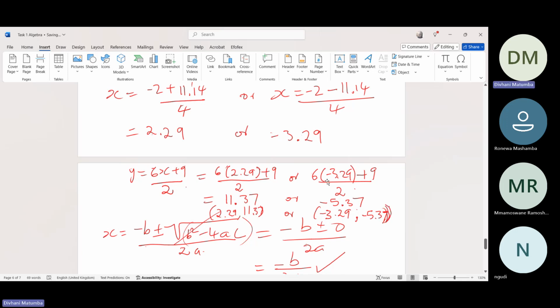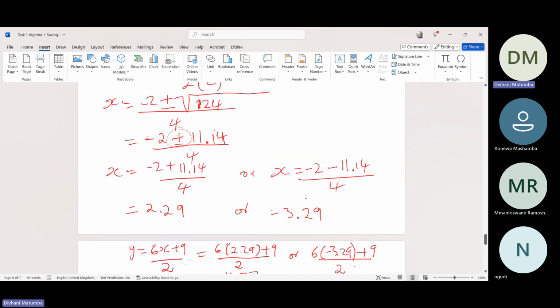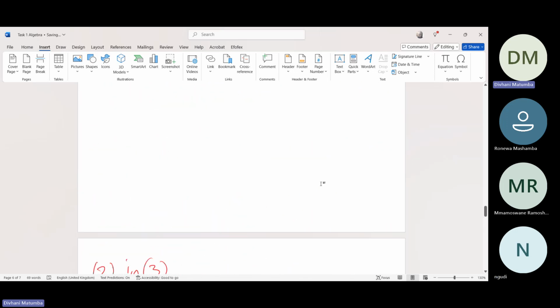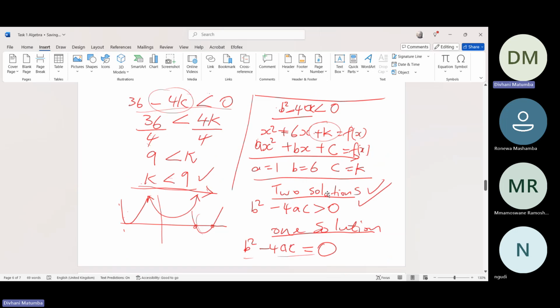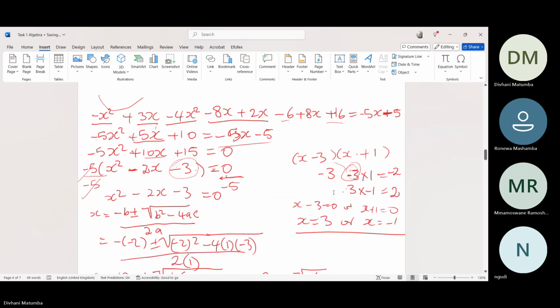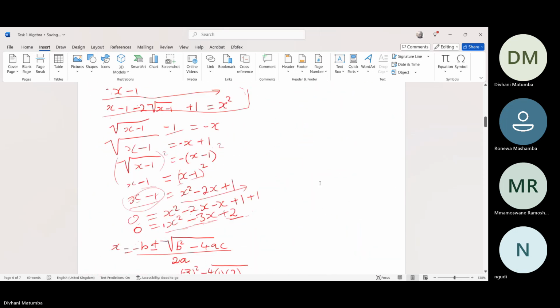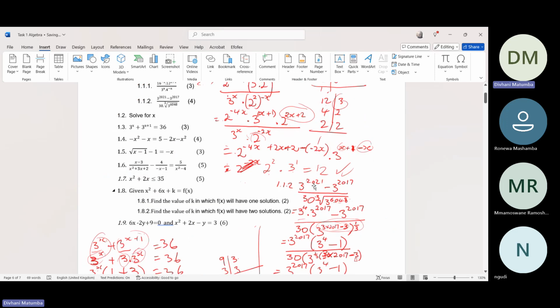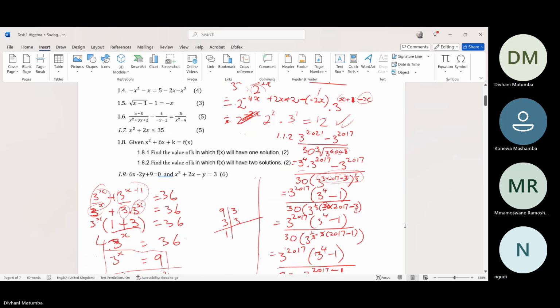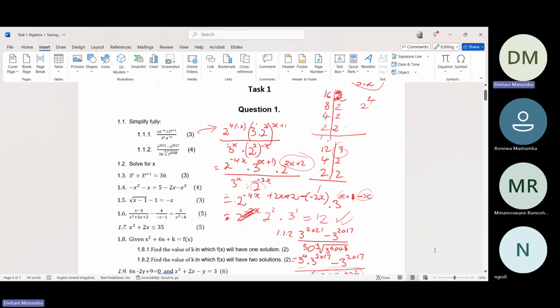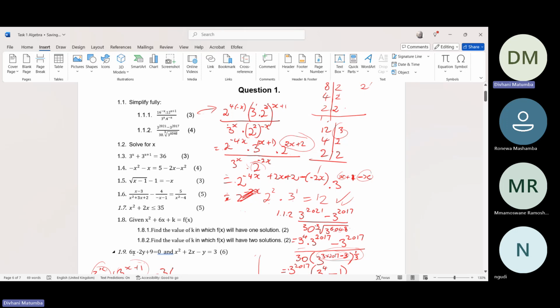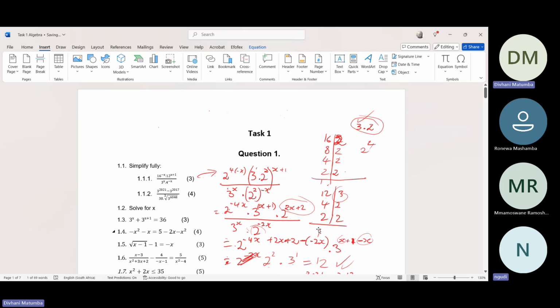Okay, so what they were actually saying in our simultaneous equation was the following. I just want you guys to visualize it. This equation is a straight line. We have a straight line and a parabola that were drawn on the axis.